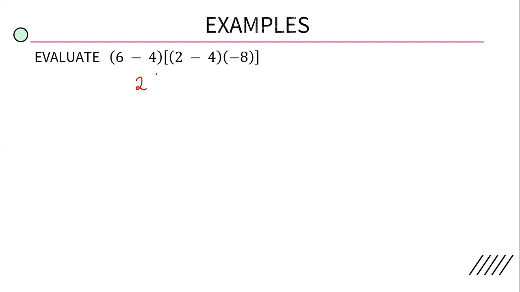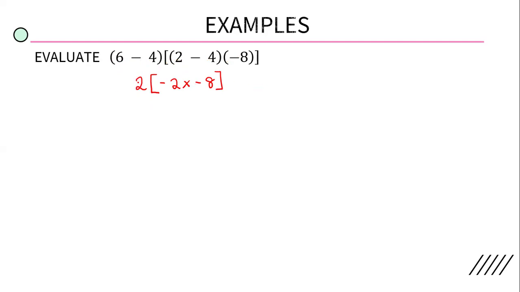Dealing with our big bracket, we're going to keep it. Inside the big bracket, we have another bracket, so we want to deal with that. 2 subtract 4 is going to give us negative 2. And that is multiplied by negative 8. Multiplication tells us that we can multiply left to right.